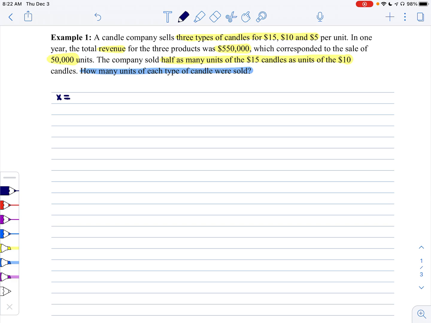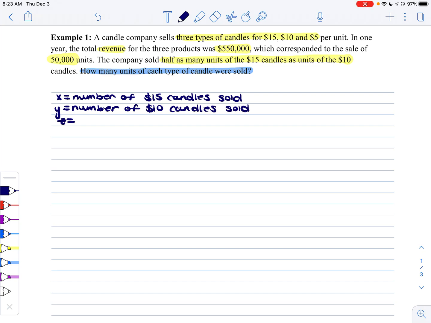So I'm going to let x equal the number of $15 candles sold. I'm going to let y equal the number of $10 candles sold. And then z will be the number of $5 candles sold.